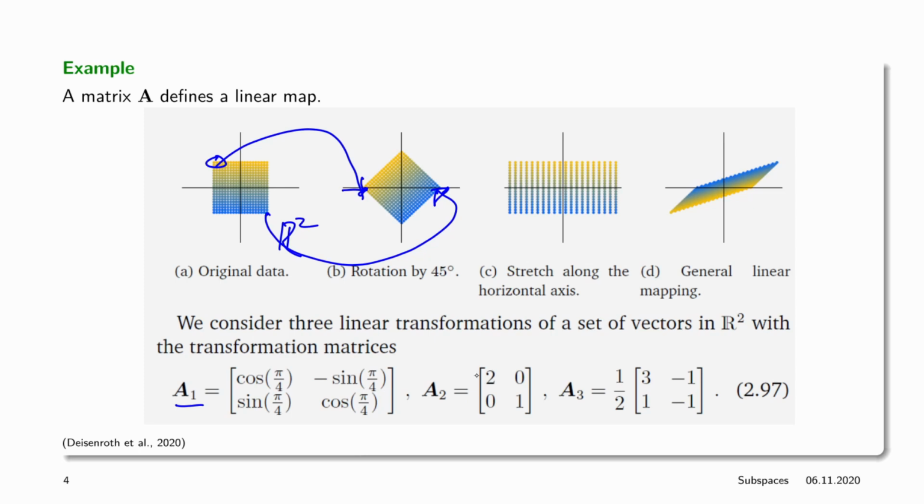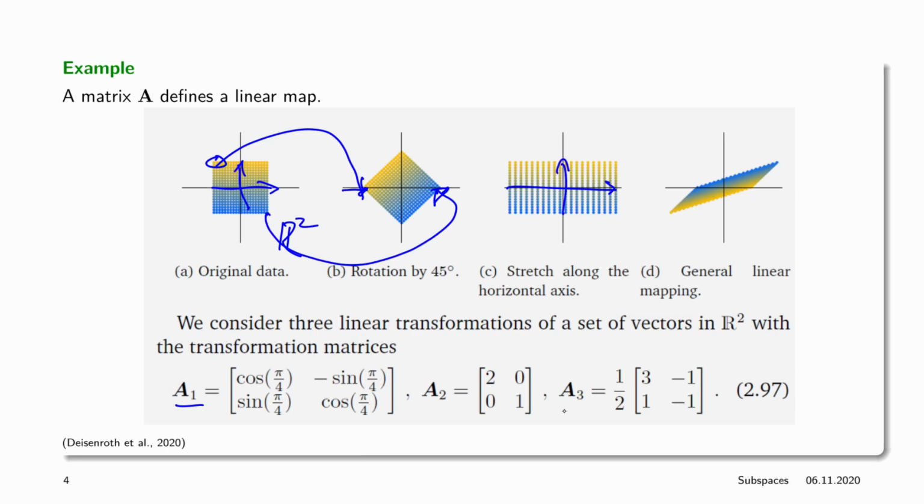So there's a 2 in the first dimension, which means that it takes all the points along this dimension and stretches it by 2. So that's why they are now twice as distant in this one. And then there's a 1 on the second diagonal element, which means that the other axis is not changed.